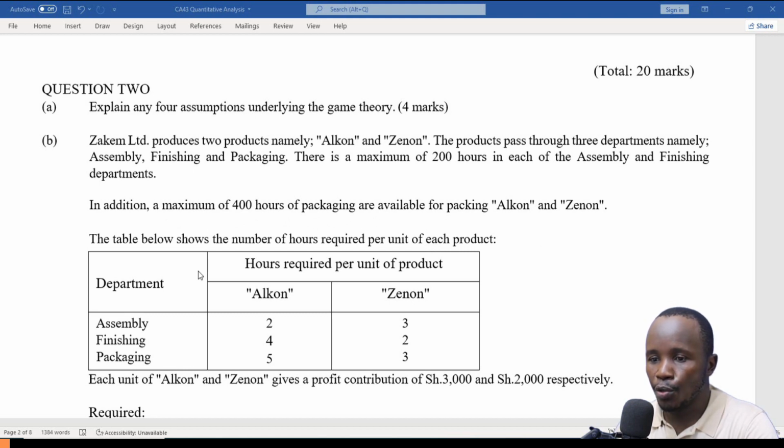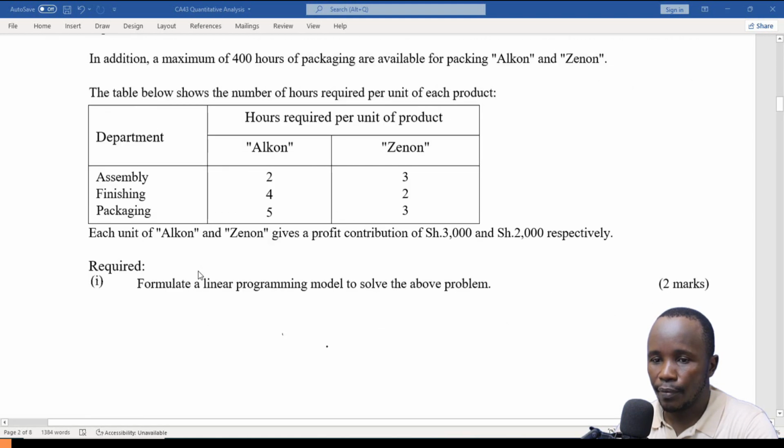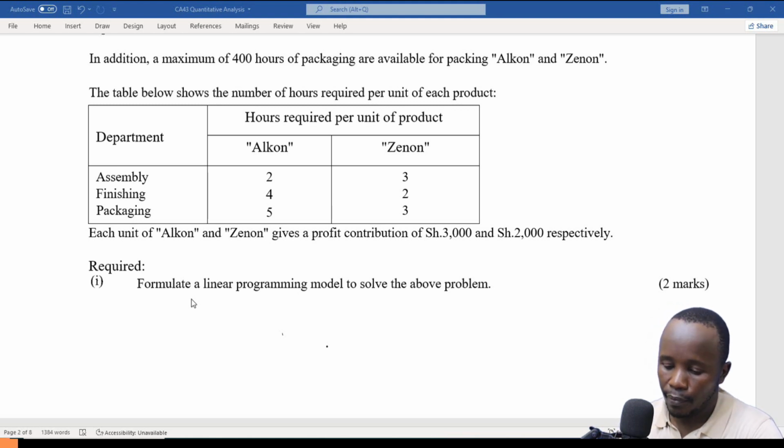The table below shows the number of hours required per unit of each product. Then you are told that each of the Alcon and Xenon gives a profit contribution of 3,000 and 2,000 respectively. You are required to formulate a linear programming model to solve the above problem.